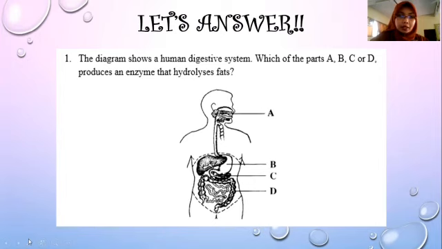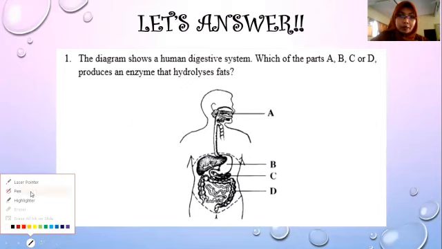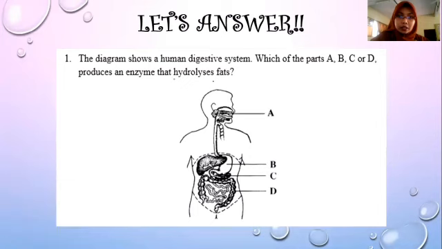Which part hydrolyzes fat? This is the keyword. The answer is C, because in C there are 3 enzymes, including lipase. Lipase functions to hydrolyze fat. So the answer is C.